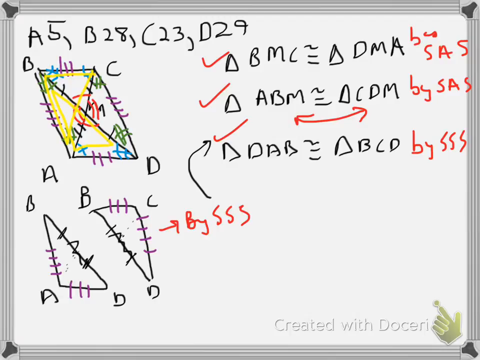So if I actually drew those, it would look like this. Let's erase those off. A to B to D is looking like this. So it helps to redraw them.